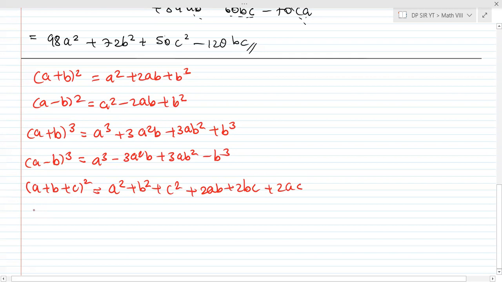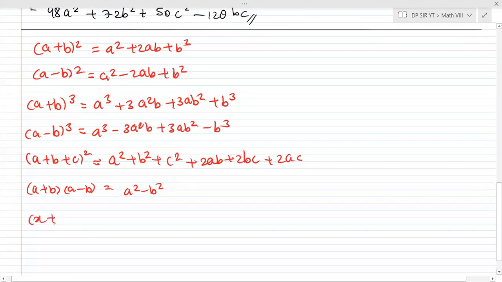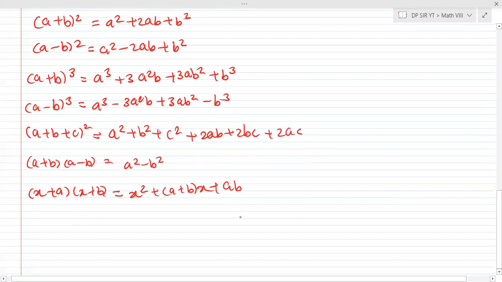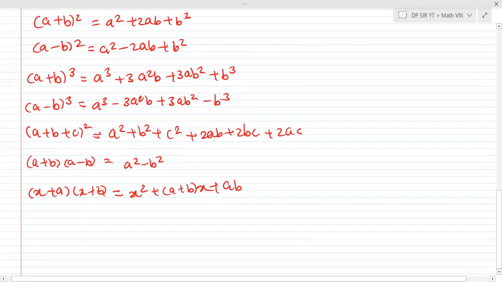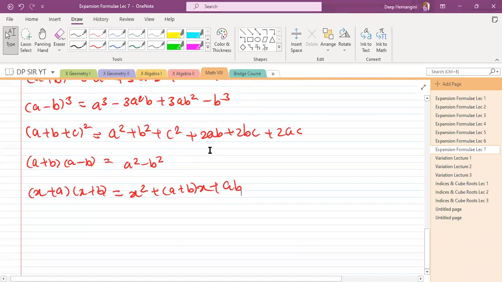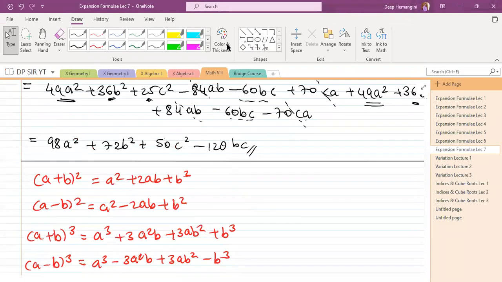What else can we do? a plus b into a minus b is equal to a square minus b square. Then we have x plus a into x plus b equal to x square plus (a plus b)x plus ab. So these are the only set of formulas that we have studied in this particular topic. Nothing else we have studied.